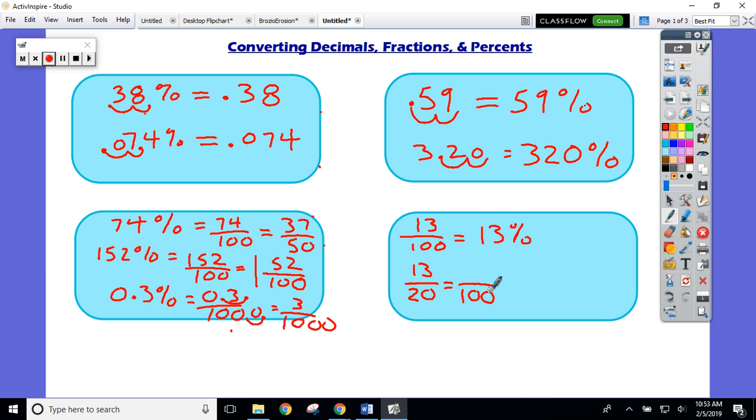We're going to create a new fraction with 100 in the denominator. 20 times 5 is 100. So if we do times 5 on the bottom, I'll do times 5 on the top. 13 times 5 is 65. So this would be 65%.